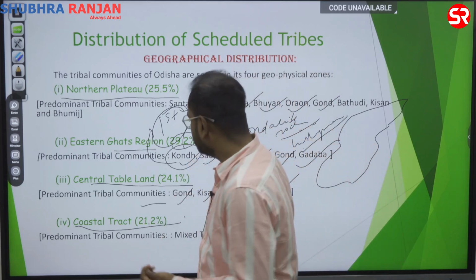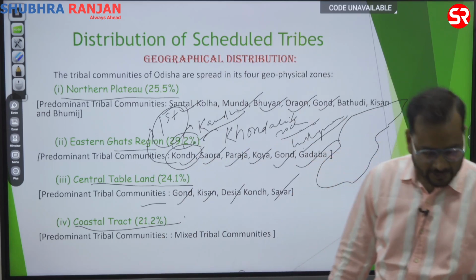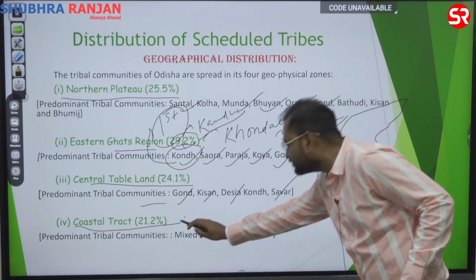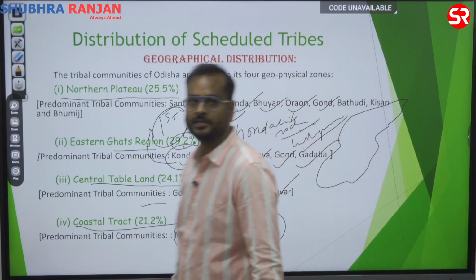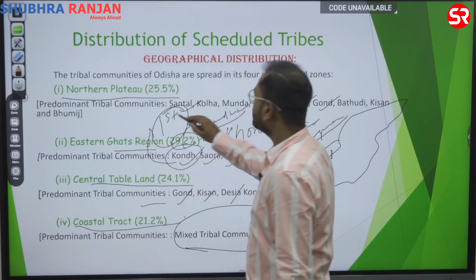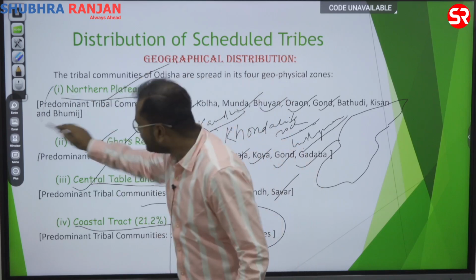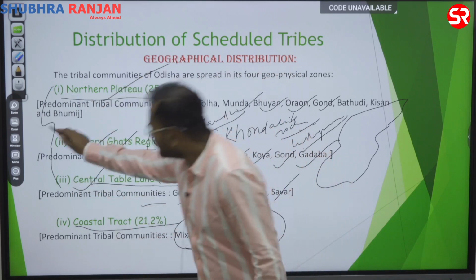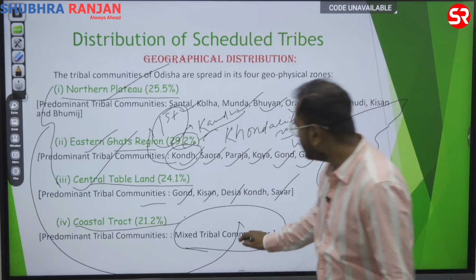And the coastal tract. In the coastal part of the state of Odisha also, we can find tribals, but these are mixed tribal communities. Why are these called mixed tribal communities? Because certain tribals from other areas migrate to this area because of development, so as to earn their livelihood.